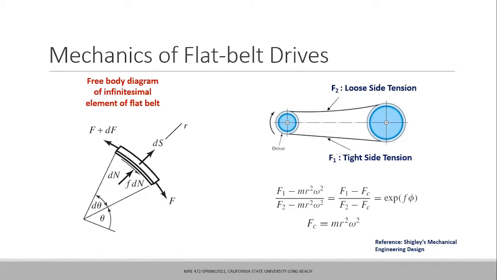The way you can remember that is that the tight side tension ratio has to be greater than 1, because the term on the right hand side, the exponential of the coefficient of friction times the angle of wrap, is greater than 1. So the numerator has to be the greater of the two. Make sense? Yes, thank you.